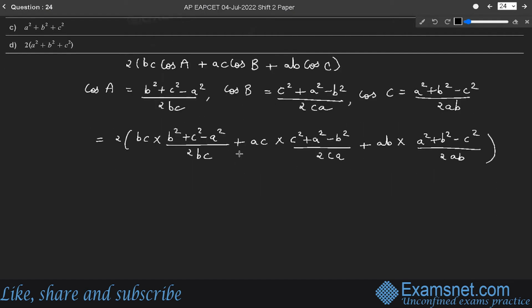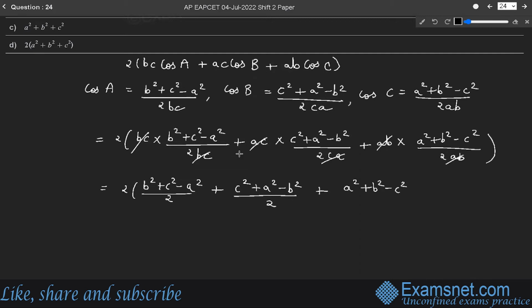On further solving this, BC and BC will be cancelled, AC and AC will be cancelled, and AB and AB will be cancelled. So it will be 2 into B square plus C square minus A square divided by 2 plus C square plus A square minus B square divided by 2 and plus A square plus B square minus C square divided by 2.